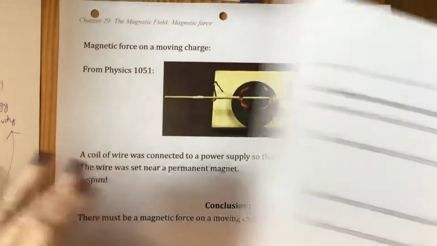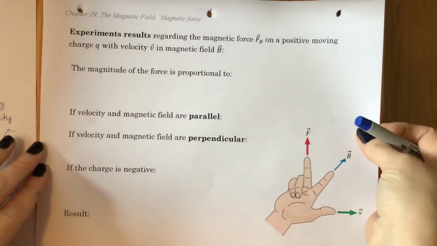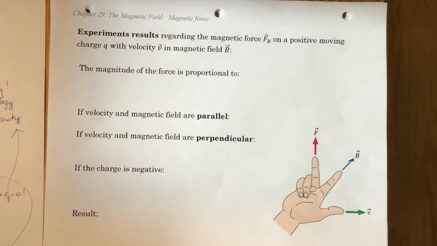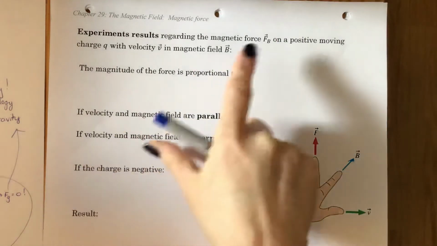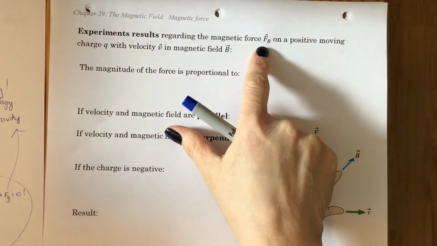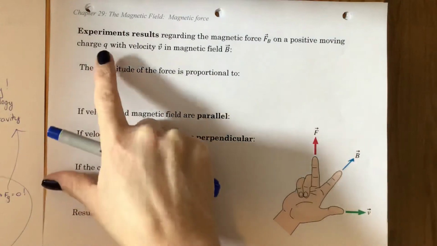It started as an experimental observation, and the experiments showed that we can find the magnetic force, FB we call it. If we think about a positive moving charge, we'll deal with negative later.